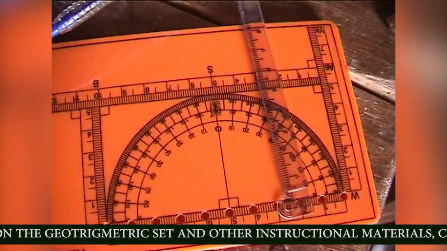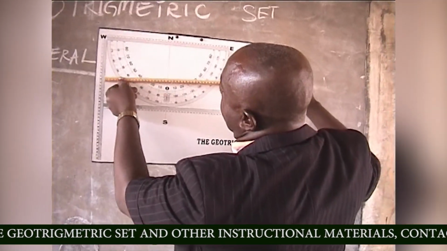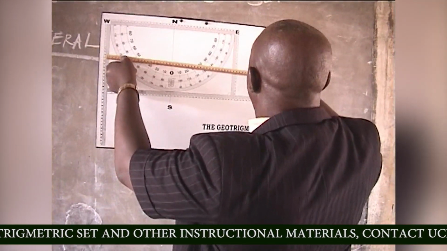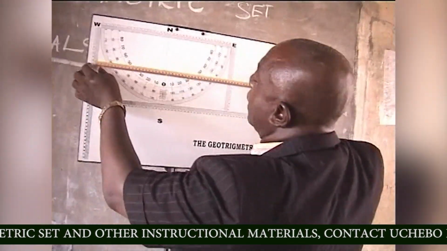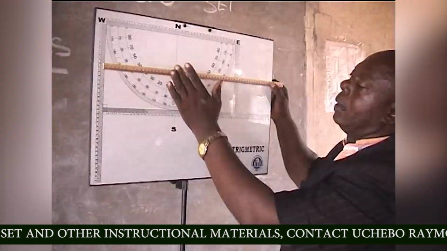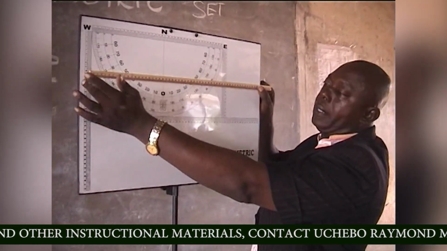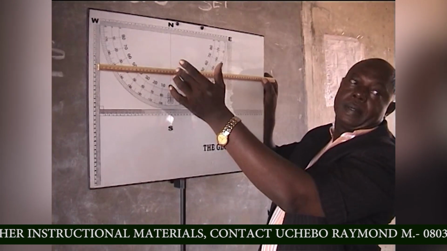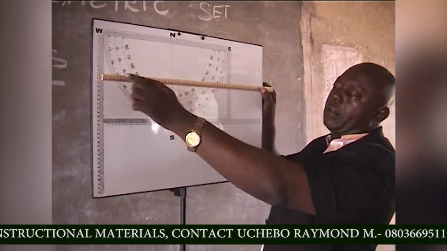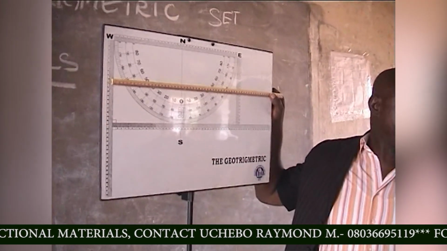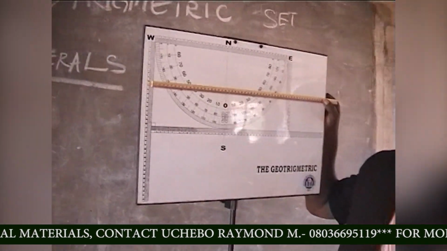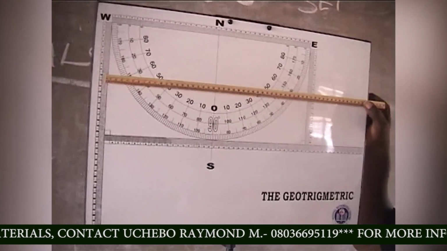Let's see the line of symmetry. Here is 10 and 10. We are considering this square. This is the second line of symmetry. We have done the other one this way. You can place your ruler and see the line of symmetry.